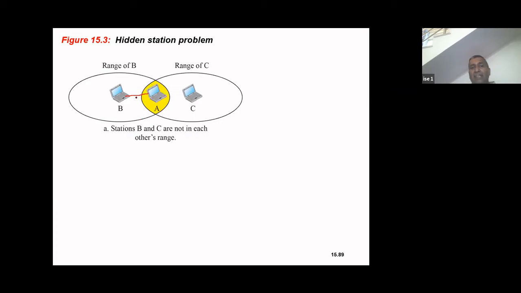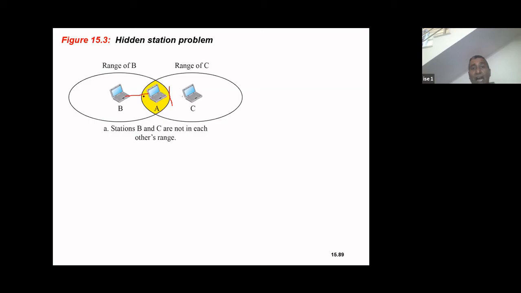When the signal was being transmitted, C feels that the air around it is idle. It feels that it is free because there is no signal, because B's range ends here, and C is sensing the air in this particular range. So it will feel that yes, my air is free.